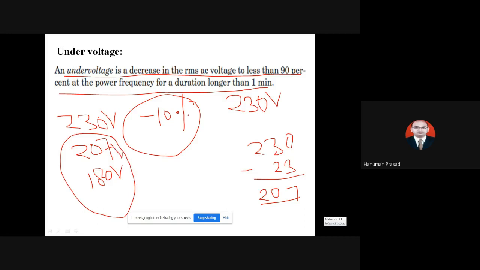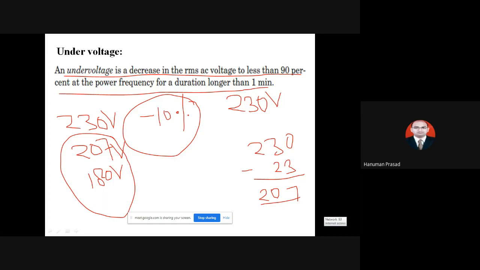Under voltage means if the voltage is 90% of that voltage, 90% means -10% of that voltage, you are getting 207 से below, नीचे आप आ रहे हैं. This is called the under voltage, and for a duration larger than 1 minute, this is the cause of under voltage.